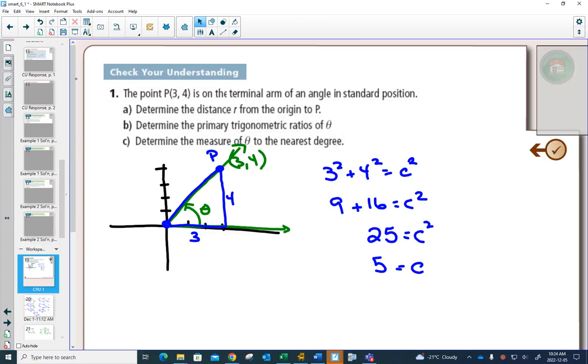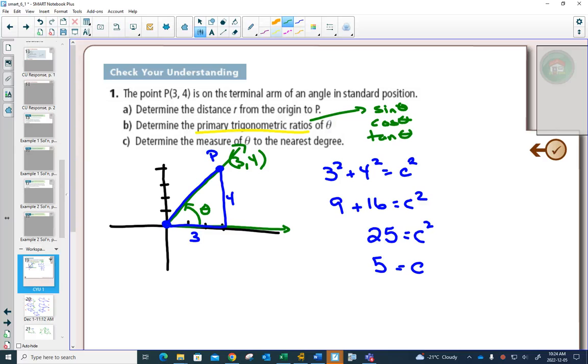Next, a new definition. The primary trig ratios. Well, it's not really a new definition, but what do they mean by that? They mean all 3 of the ones that you know from SOHCAHTOA. Sine of theta, cos of theta, and tan of theta.